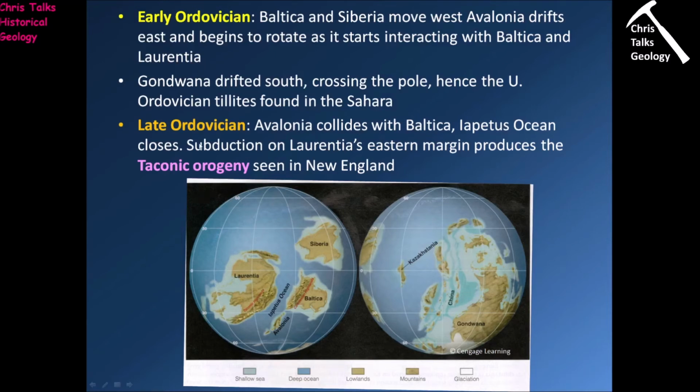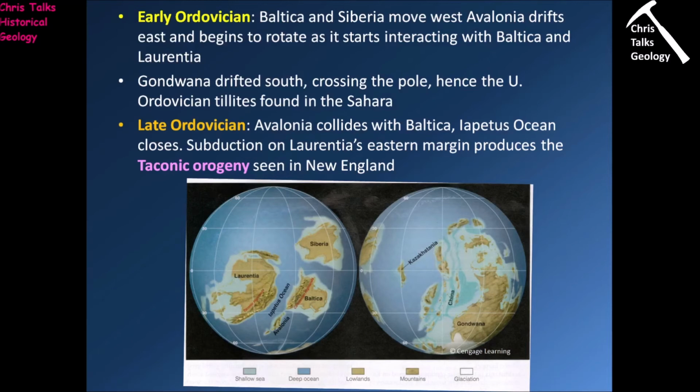So by the late Ordovician, Avalonia has collided with Baltica, so they've essentially formed one landmass, and the Iapetus Ocean in between Baltica and Laurentia is being subducted and destroyed. And so we're going to see this closure of the Iapetus Ocean in the formation of two mountain ranges.